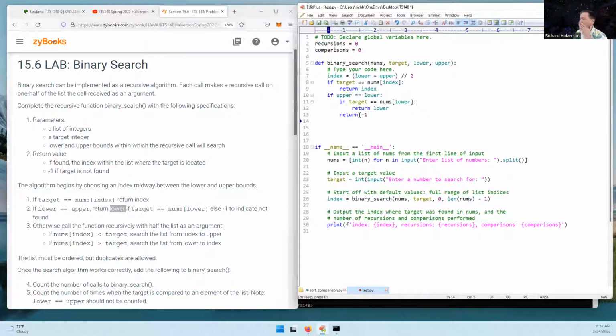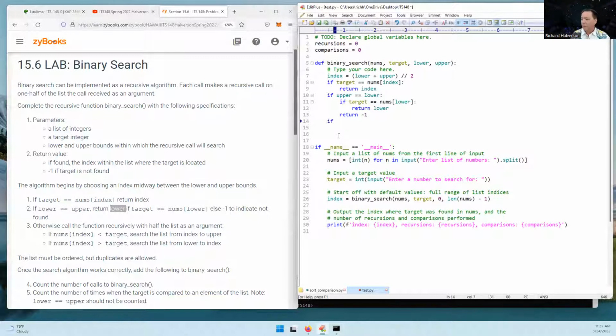Otherwise, if this is not the case, and if this is not the case, then we need to call the function recursively with half the list as an argument. So I've got to figure out if it's the upper half or the lower half.